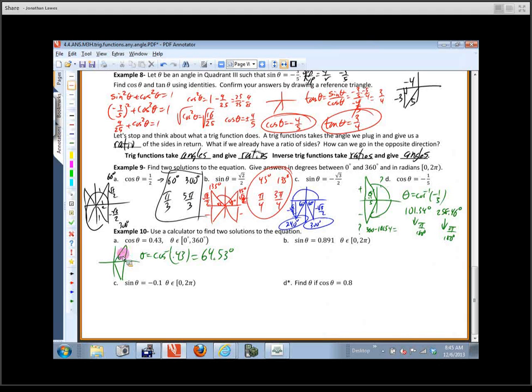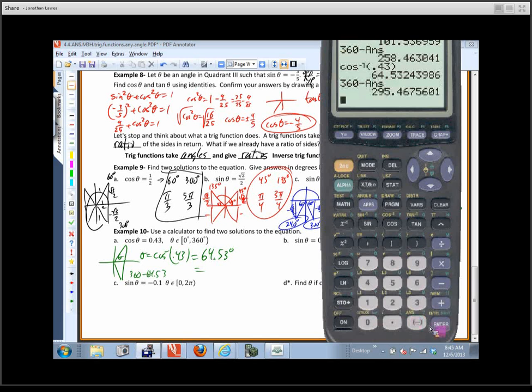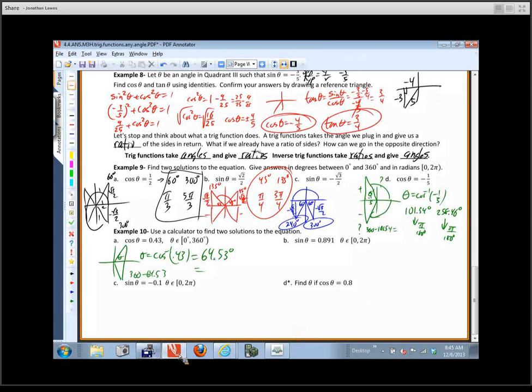If that one is 64.53, how do I figure out what this one is? 360 and subtract 64.53. Okay? 360 minus that last answer. So 295. And that looks right, 295.47.